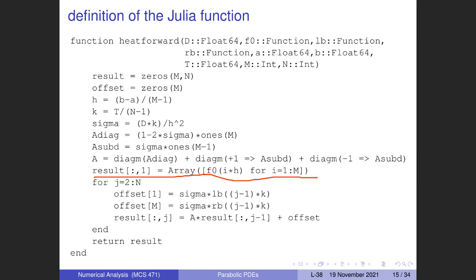So here it's again a bit unfortunate that everything has to start at 1, but the result is an M by N matrix. And this also explains why we have here the N minus 1. So the K at time, we will do N time steps, actually N minus 1 time steps.